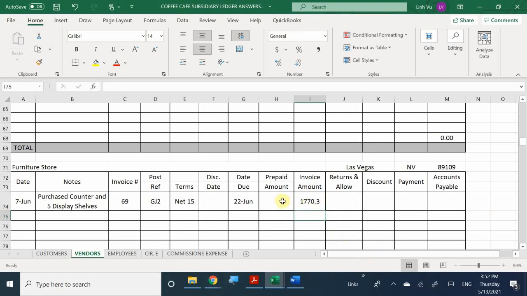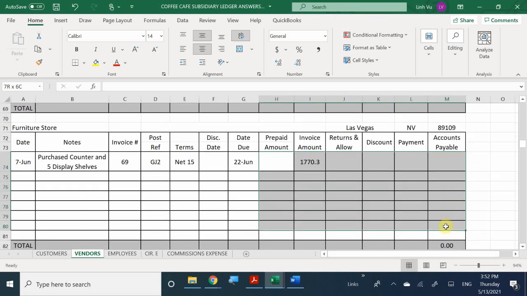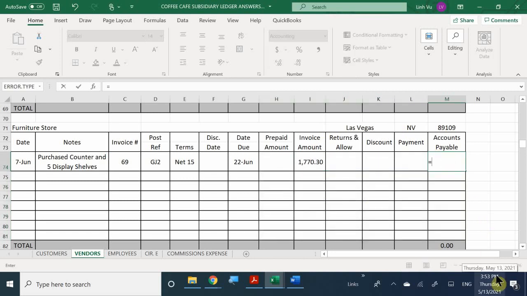All right, and once again, I'm going to reformat this because we're going to be dealing with furniture store a lot. And of course, let's go ahead and apply that formula because we didn't make any payments to it. So you're going to start off with your invoice amount.